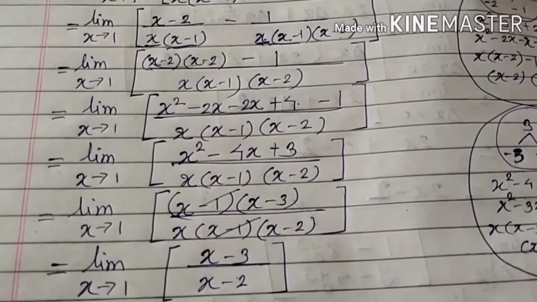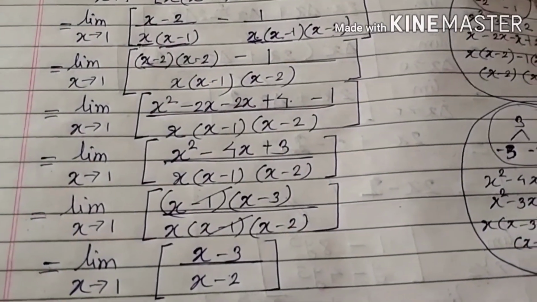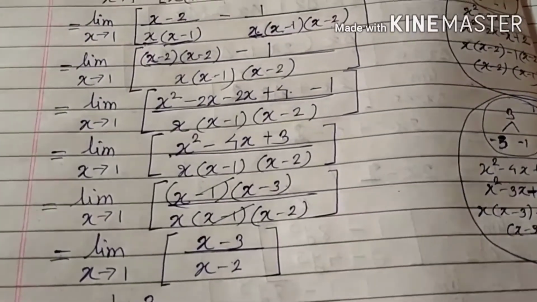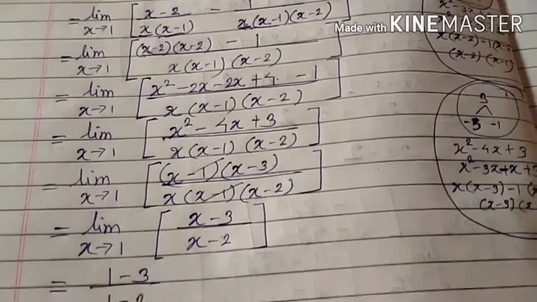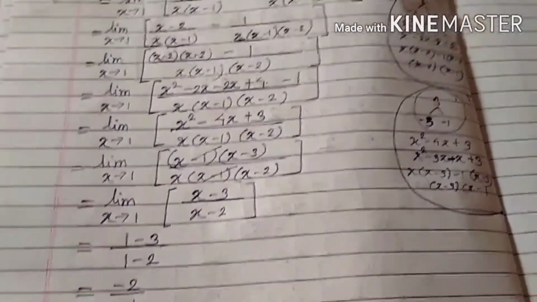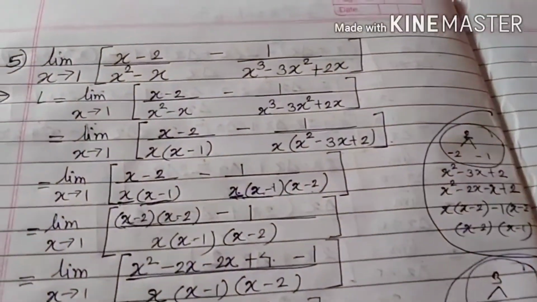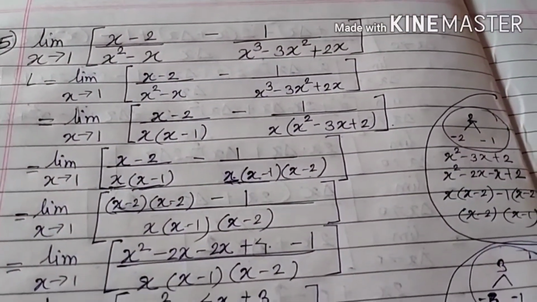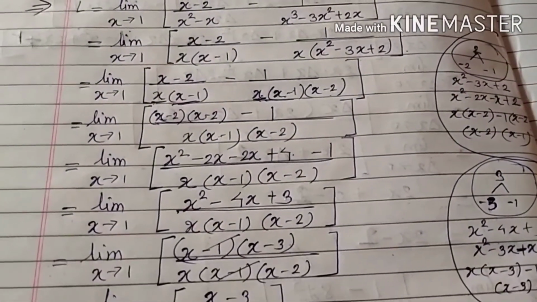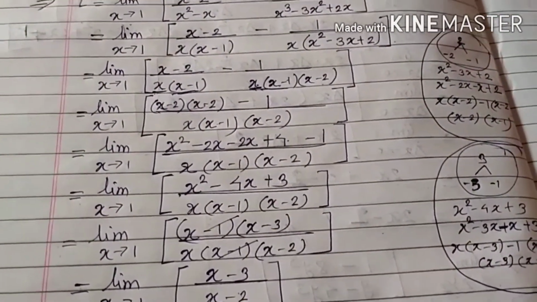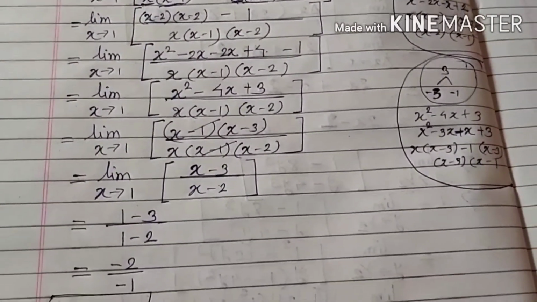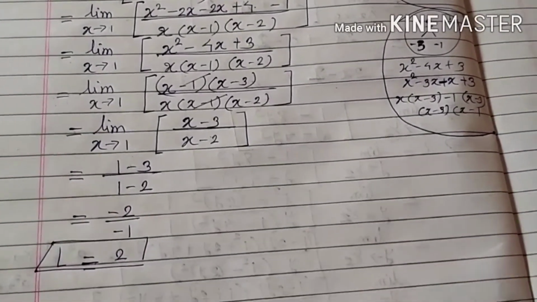So it is minus 2 upon minus 1. So this is 2. So this is our answer. Now observe, there are two quadratic equations and we solve them to get factors, and in the second we get our required x minus 1 factor, then we remove this factor and then we apply the limit, so we get our answer.